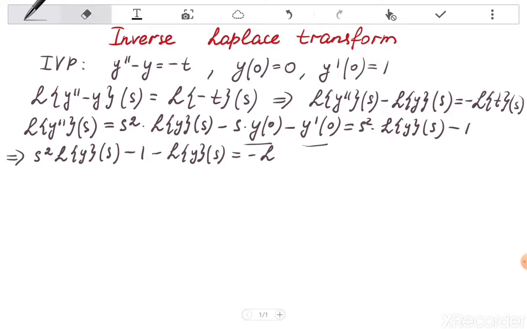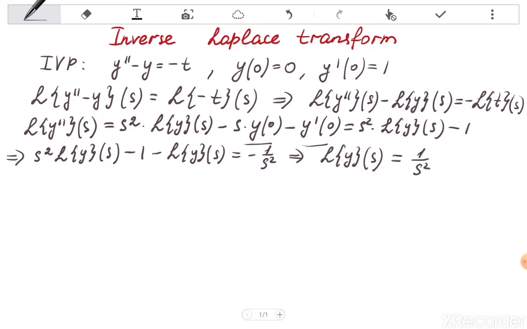And here we know that Laplace transform of the function t is 1 over s squared, right? So just replace it, and from this we can find the Laplace transform of y at a point s. We can move this 1 to the right side. We obtain 1 minus 1 over s squared and simplify all this stuff. We obtain overall 1 over s squared.